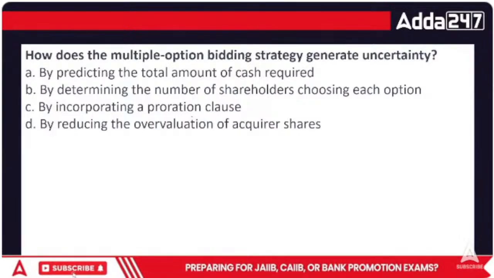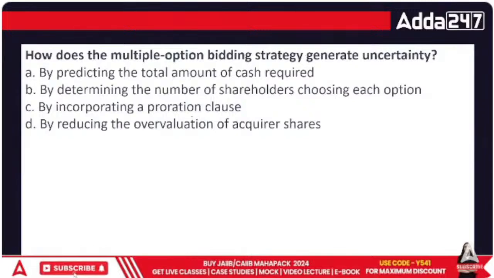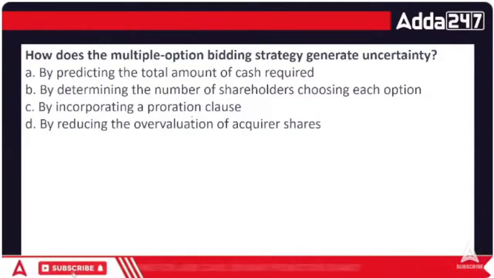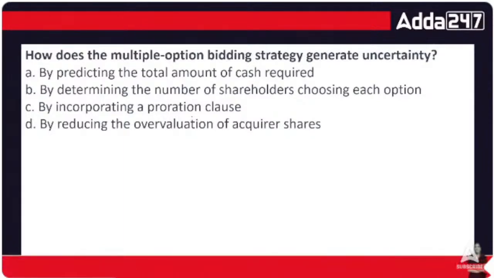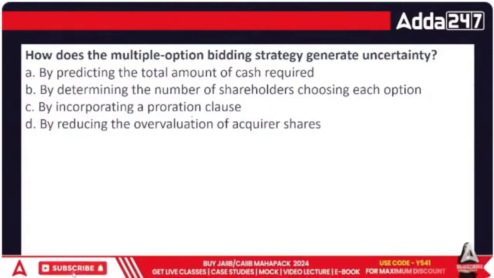What would be the answer to this question, everyone? By predicting the total amount of cash required, by predicting the number of shareholders choosing each option, by incorporating a proration clause, or by reducing the overvaluation of acquirer shares.